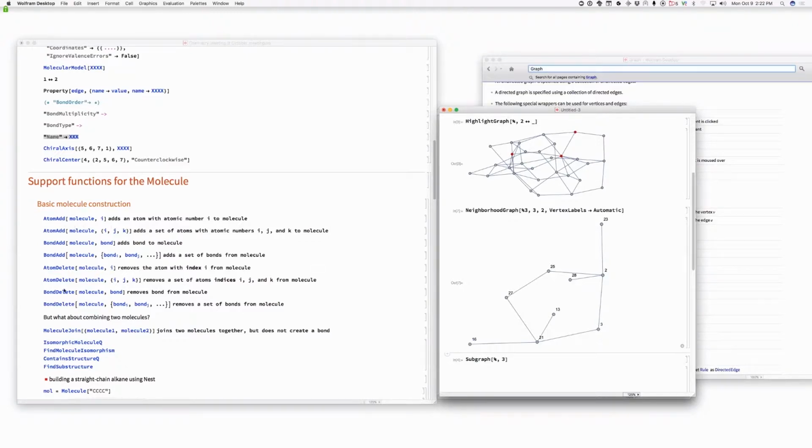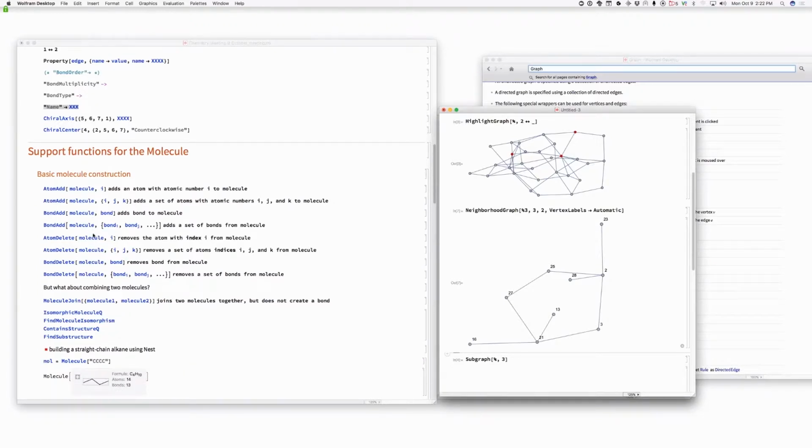But okay, one point we've got to understand: this family of things is going to be about subgraph manipulation in the molecule. We don't yet completely understand this, but let's keep going because I want to see the scope of the things we're dealing with. And I have no idea what molecule join is supposed to do. Is that just putting two molecules living in the same house, or what? Yes.